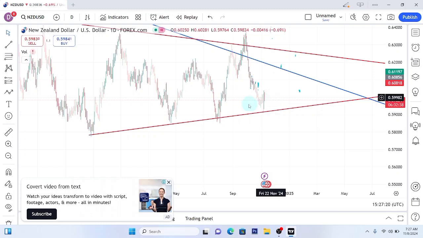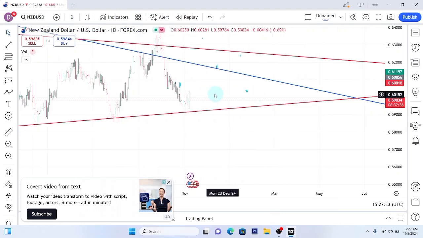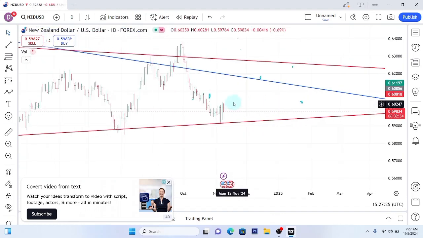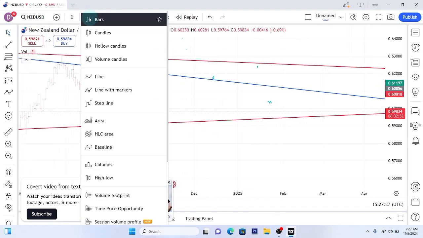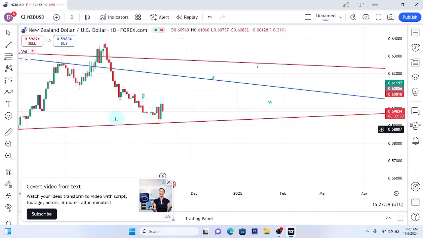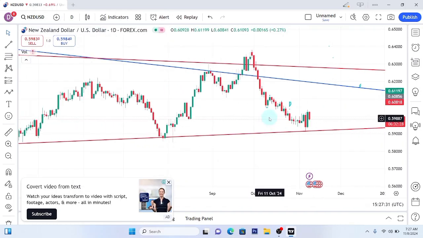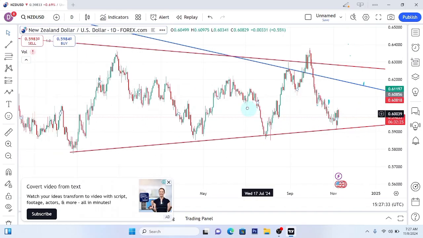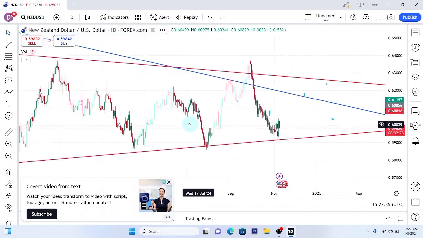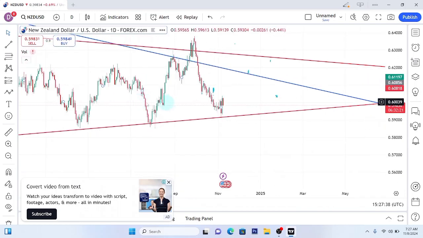Now on the daily chart, is the market going bullish or bearish? Before we take our entry on the daily chart, is the market bullish or bearish? You can see what we have here now.